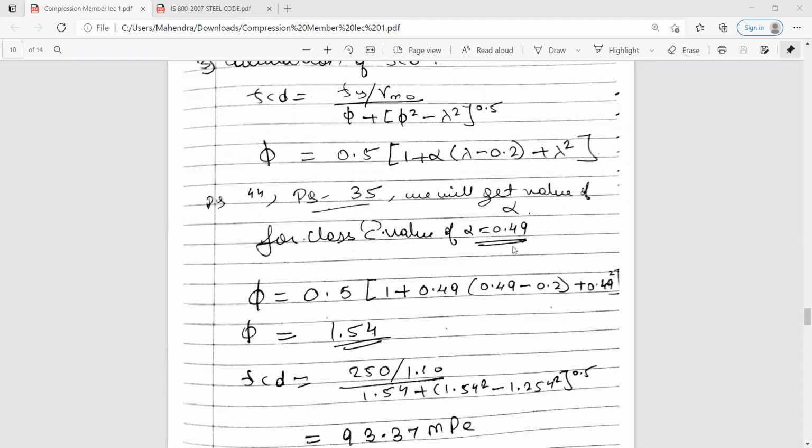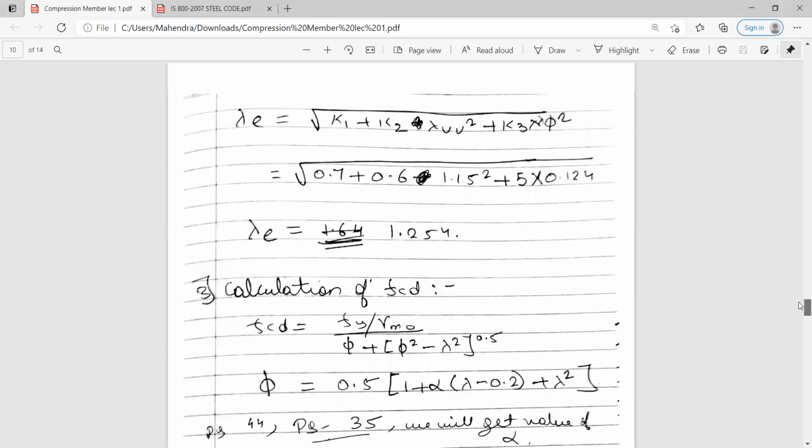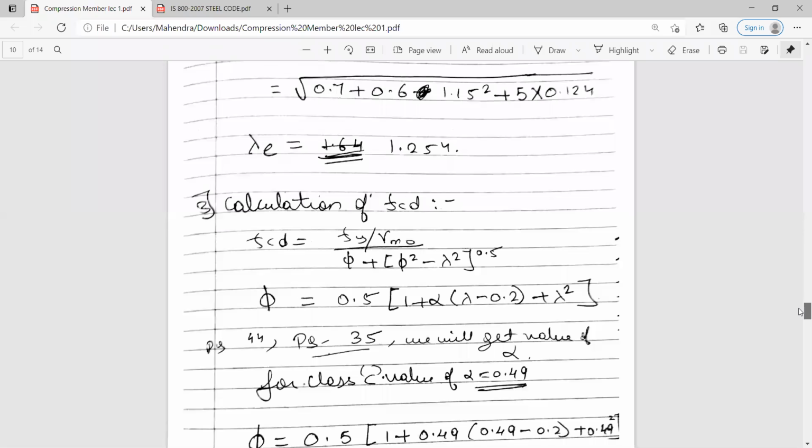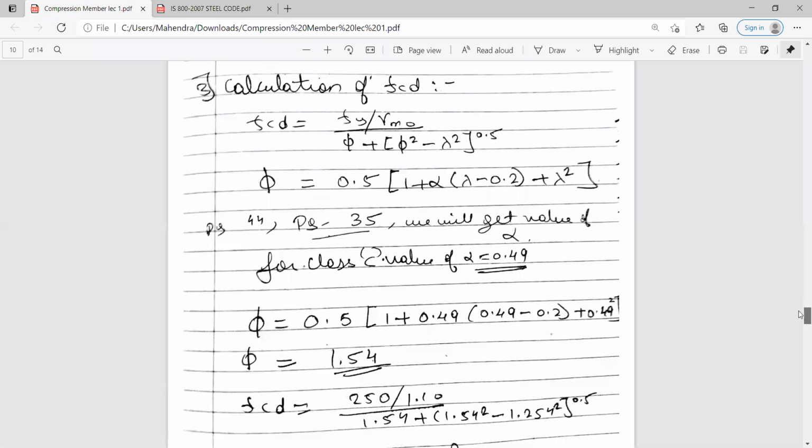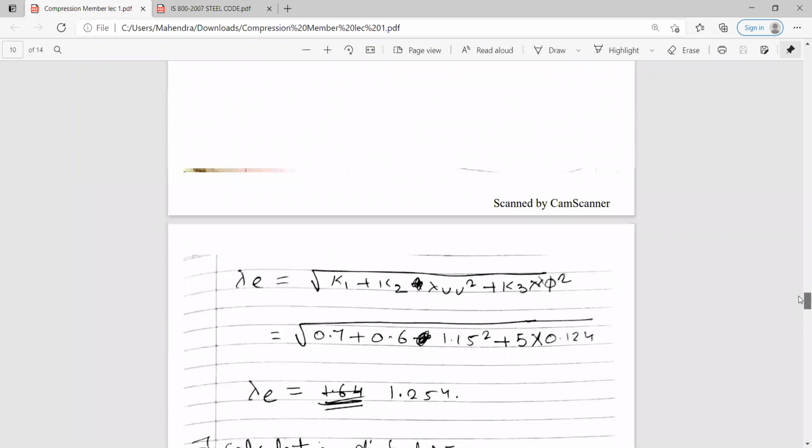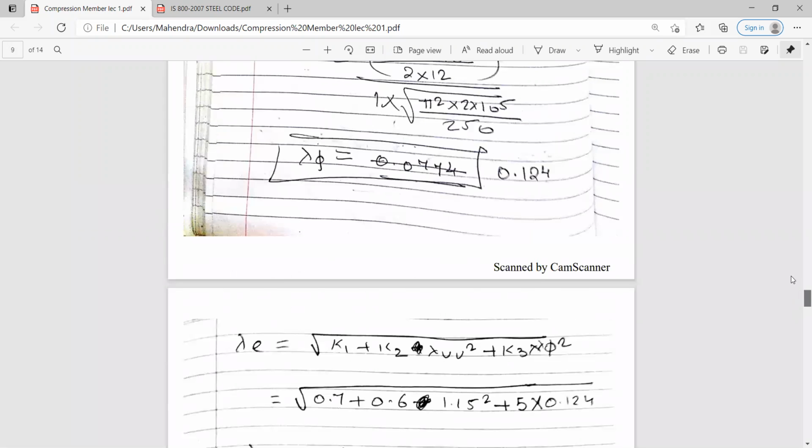Ma'am, value of alpha is 0.49, but it is written here as lambda is also 0.49. Lambda is not 0.49, na. The value of lambda that you have got, you have to consider that. How much value did you get for lambda? Whatever the value you had got of the lambda, that you have to consider over here.